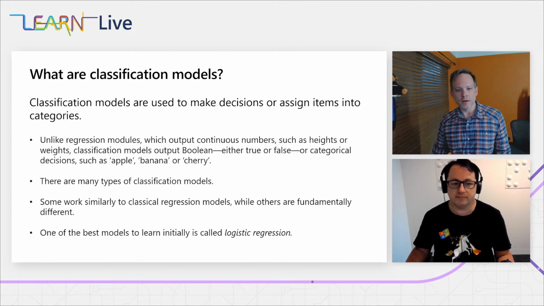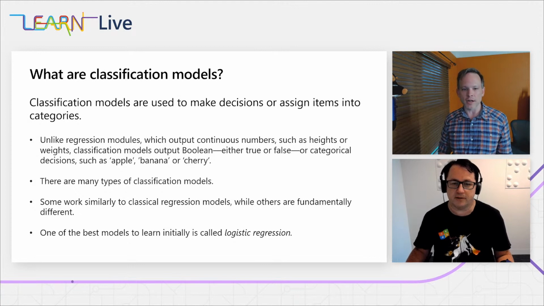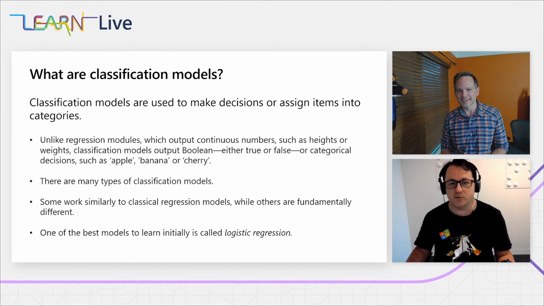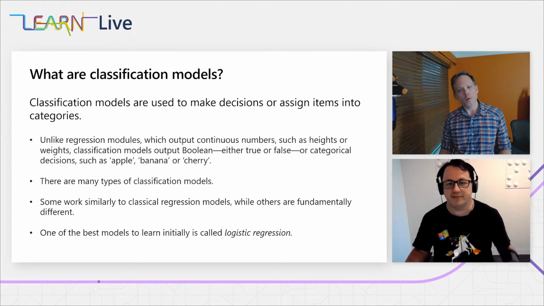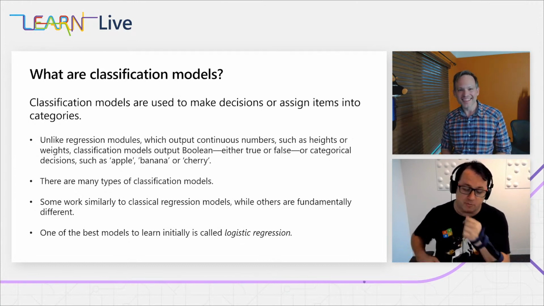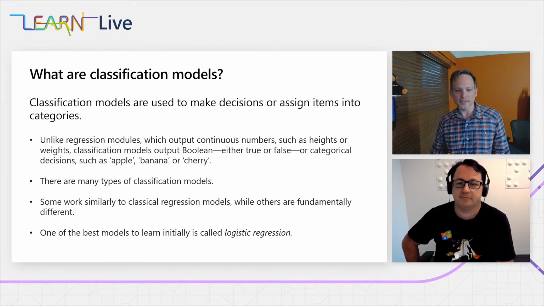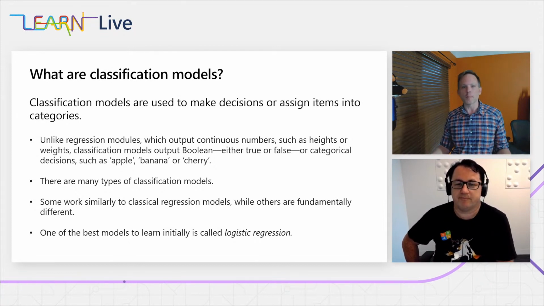Today, we're going to be focused on a particular type of classification model called logistic regression. And logistic regression is a type of binary classification model. And Glenn, what do I mean when I say a binary classification model? Now, obviously, that's going to be true or false. That's what I'm expecting, right? Well, it certainly can be. Anything that's kind of, like you said, true or false, or kind of up or down, or two things, basically, right?